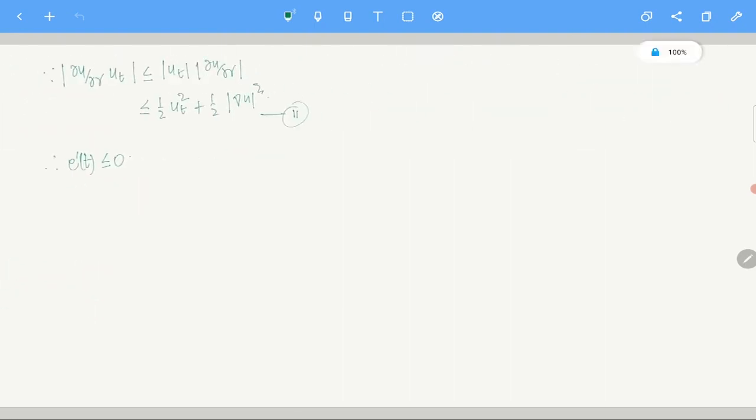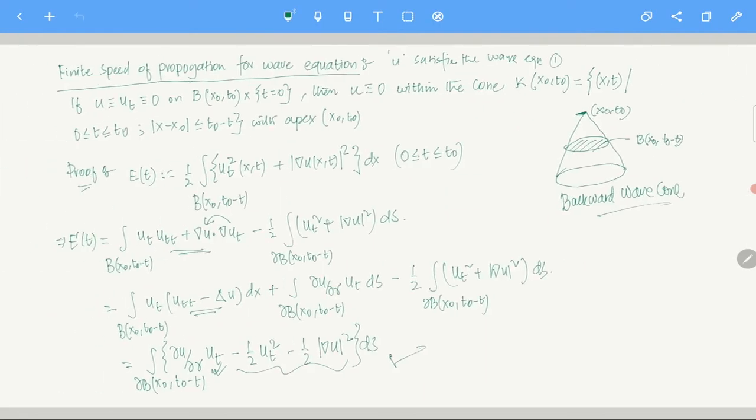So E prime of t is less than or equal to 0, and therefore what can you say? E of t is less than or equal to E of 0. And what is E of 0? That is going to be 0 for all t between 0 and t0. E of 0 is at B(x0, t0), so basically at this apex.